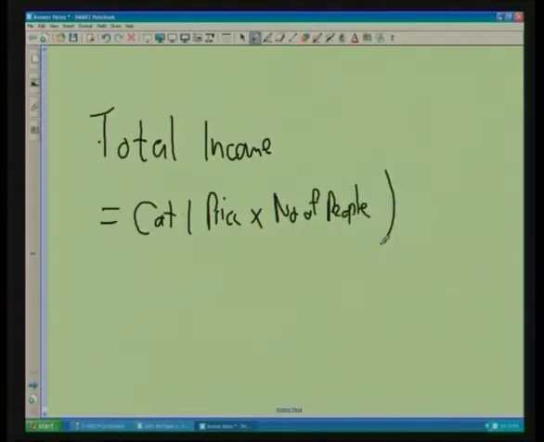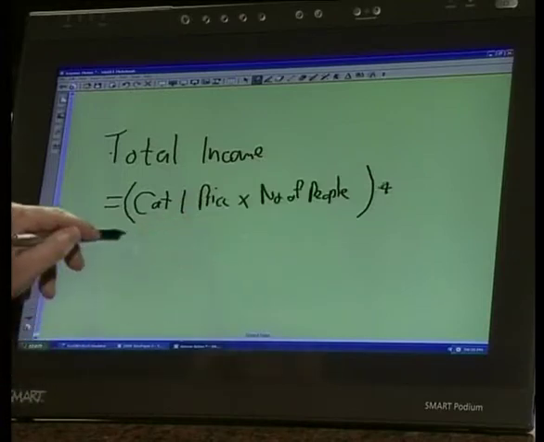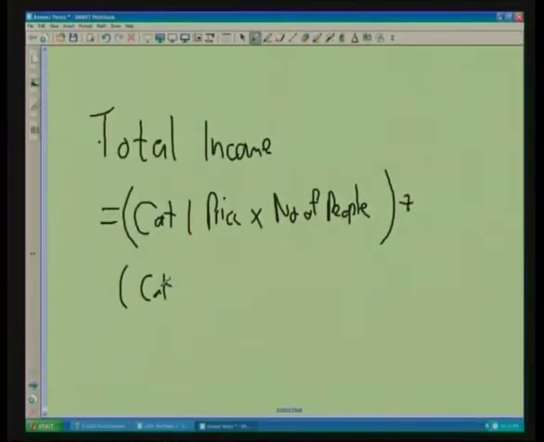Now, let's put that into brackets, because we've got to add each of the different categories that we have. We've only done category 1 here. We've got to do the same thing for category 2, 3, and 4. So we're going to add, and we'll open a new bracket, category 2 price, multiplied by number of people.